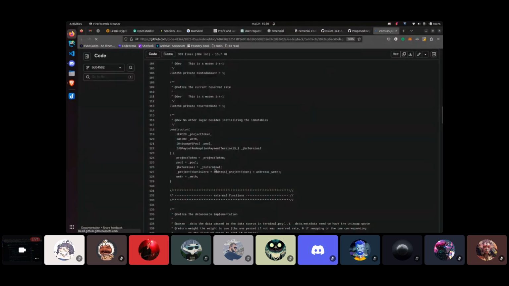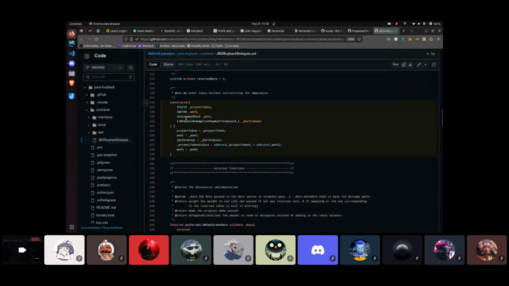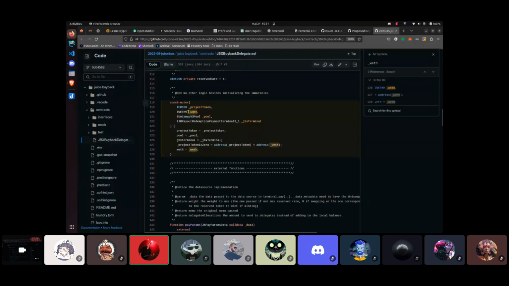Oh yeah, and actually they're putting here a pool, the Uniswap v3 pool that is generated for each market, and they're not verifying if this pool holds this WEF and their project token.